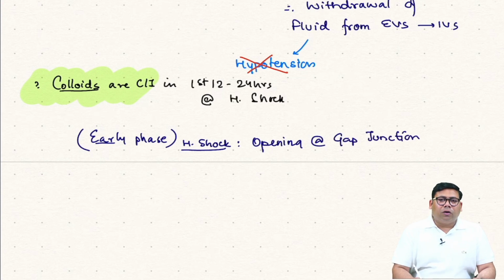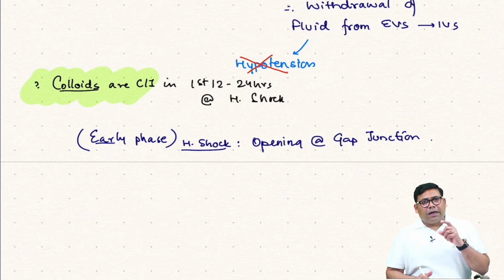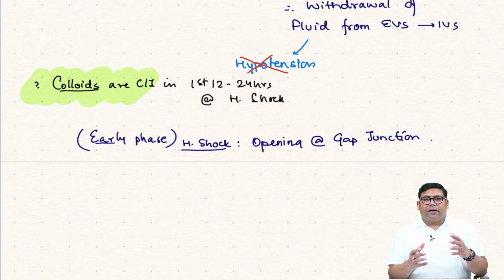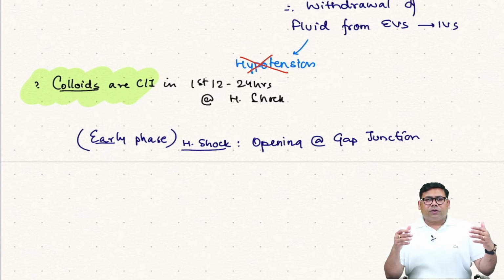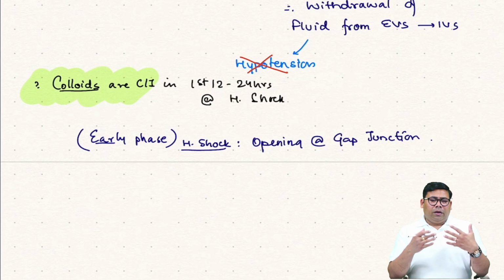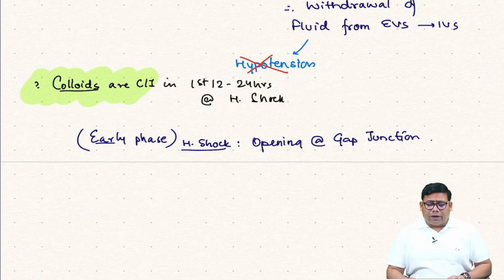So the reverse of what is anticipated happens, and that is why colloids are not given in the first 12 to 24 hours. And this integrity is reversed back. That means the gap junctions or tight junctions again restore their tight junction status after 12 to 24 hours. So after 24 hours you can confidently give.